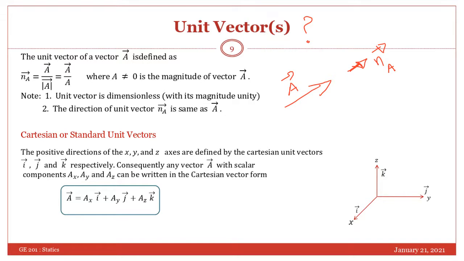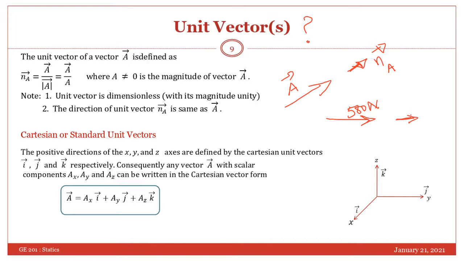Actually, whenever you have a magnitude and you want to convert this magnitude into a vector, you need to multiply it with a unit vector. For example, if this is a force of say 500 Newton, and you want a vector, you need to multiply the unit vector in this direction.